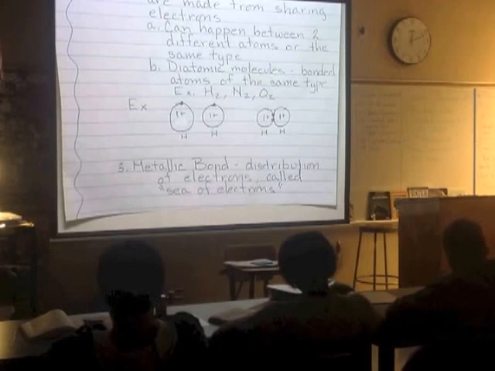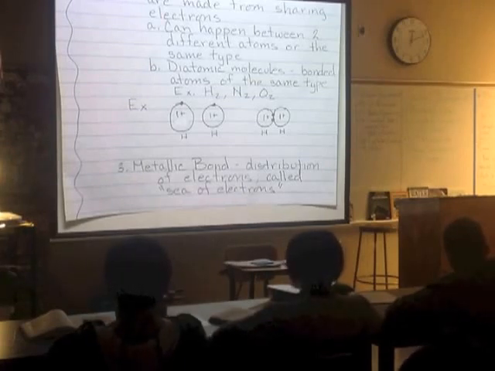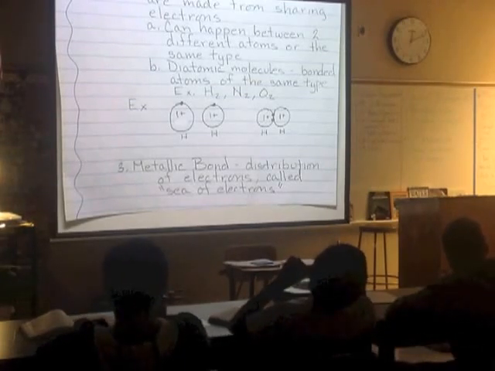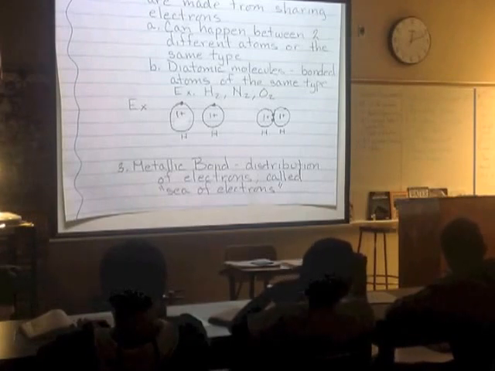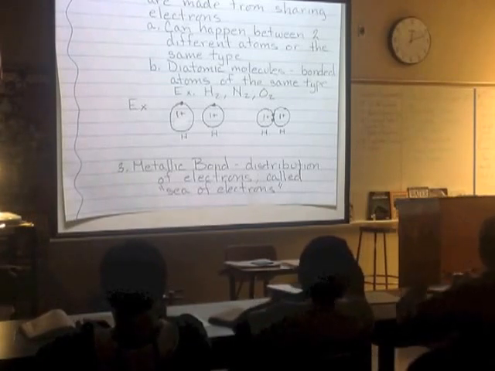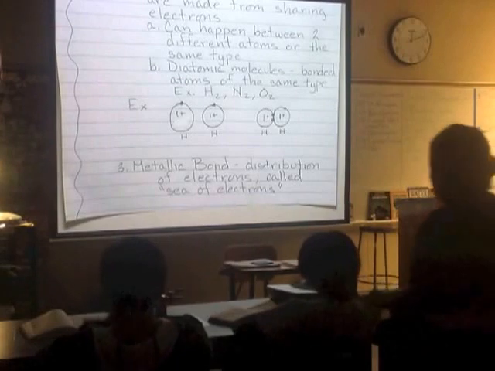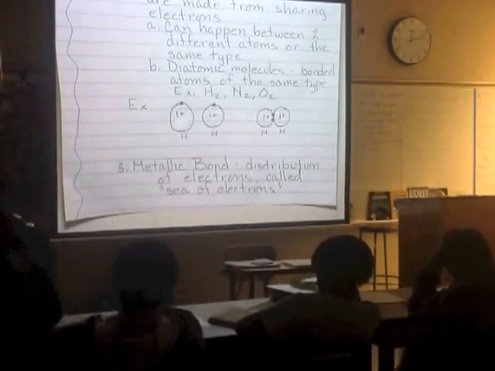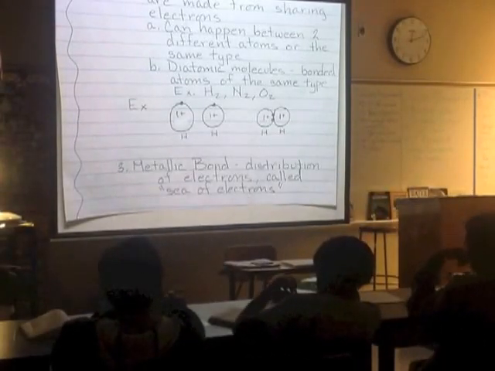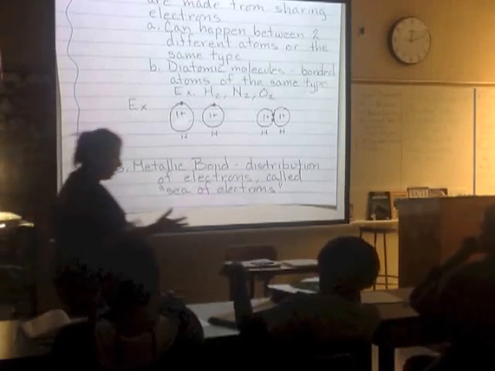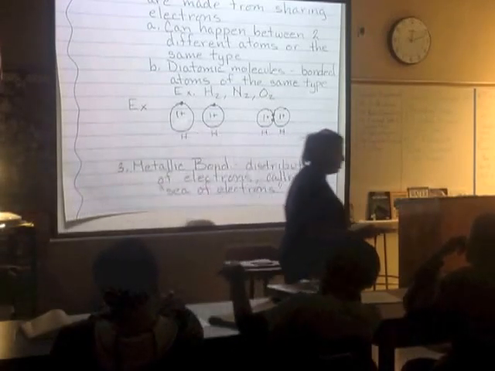Okay? Let me give an example. Your parents pay for the house or pay rent on where you live, right? They're the ones paying the taxes, paying everything. So it's their house.